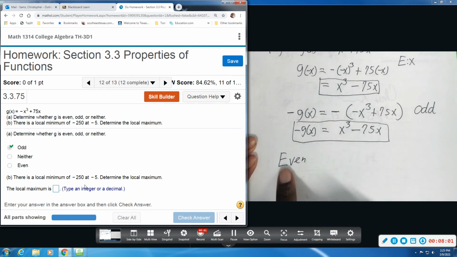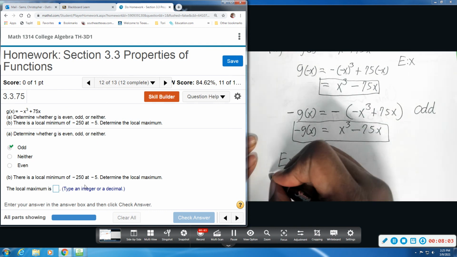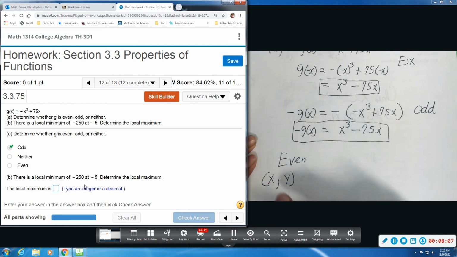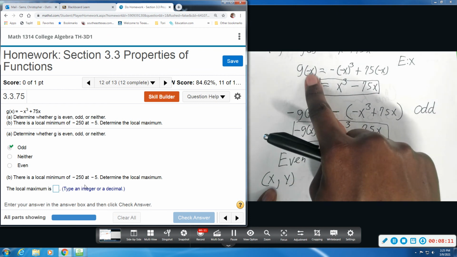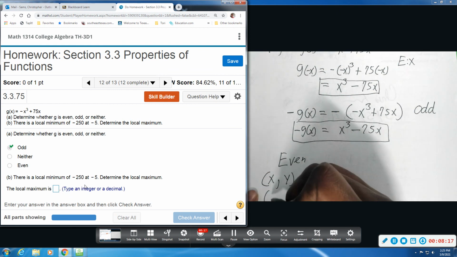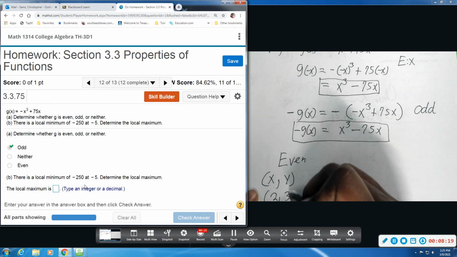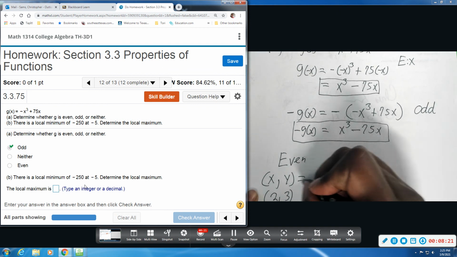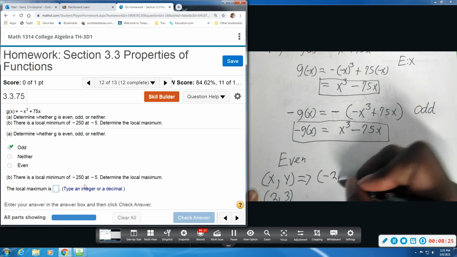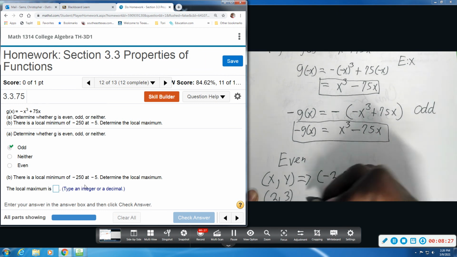we know this. We start out with our original function, so original ordered pair, we'll call it x, y. What we do to determine if it's even is we compare it to making x negative. So if we know that it's even, if x, y is a point on the graph, for example, let me plug some numbers in here. If 2, 3 is on the graph, then I also know, because it's even, that negative 2, positive 3 is also on the graph.